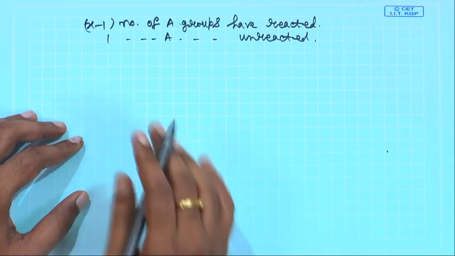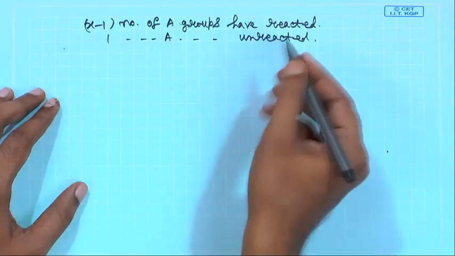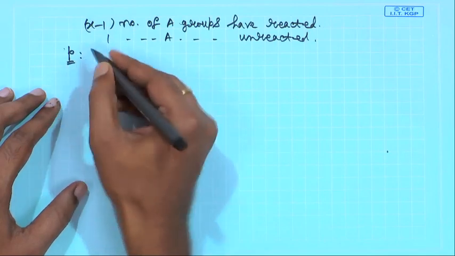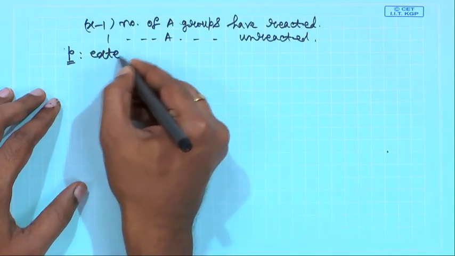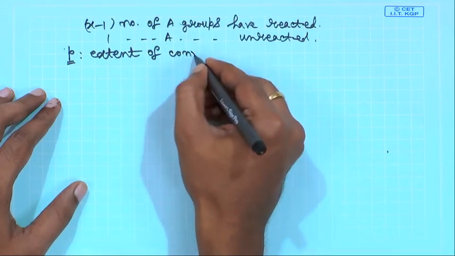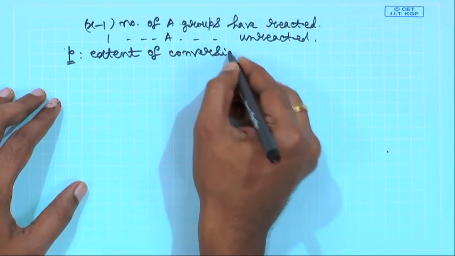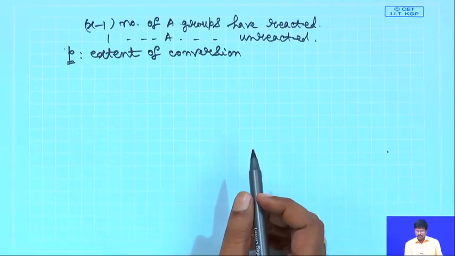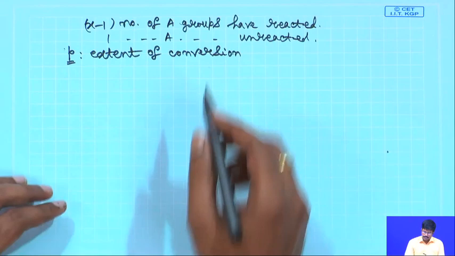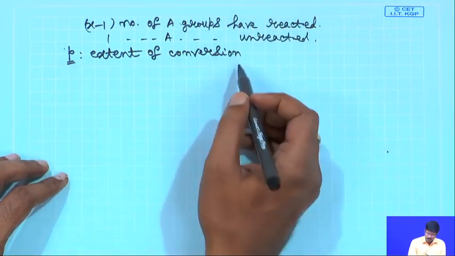So, what is the probability that 1 A group has reacted? Let us say P is the extent of conversion, in keeping with whatever we said before.